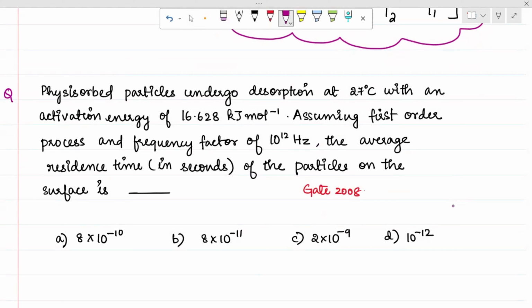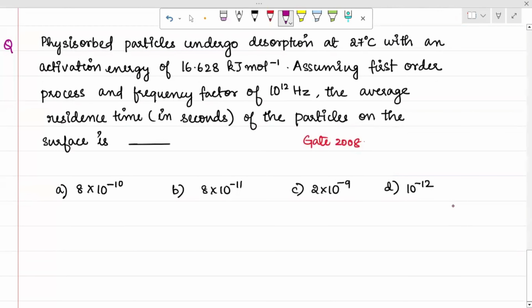All right. So physisorbed particles undergo desorption at 27 degrees Celsius. So first of all, temperature is given as 27 degrees Celsius. We know that any temperature given should be converted to the Kelvin scale, and hence this is equal to 300 Kelvin.